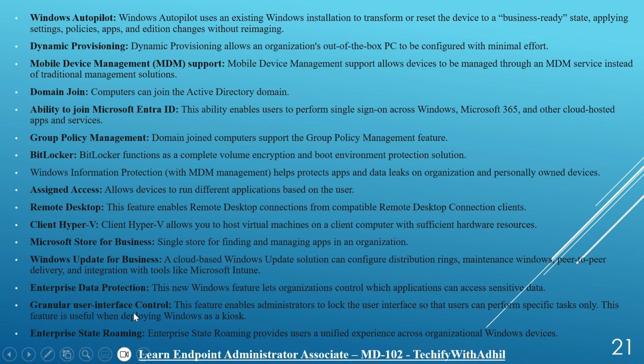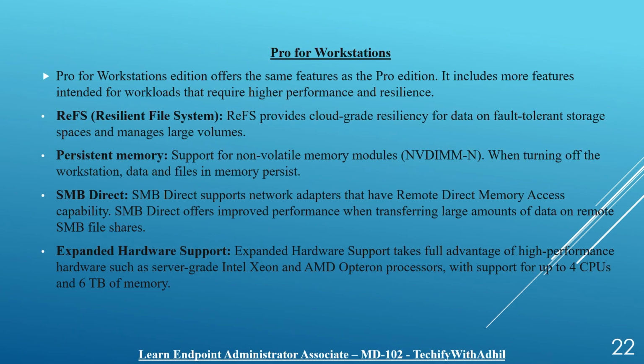Granular user interface control enables administrators to lock the user interface so that users can perform specific tasks only. This feature is useful when deploying Windows as a kiosk. Then Enterprise State Roaming provides users a unified experience across organizational Windows devices. These are some of the features.